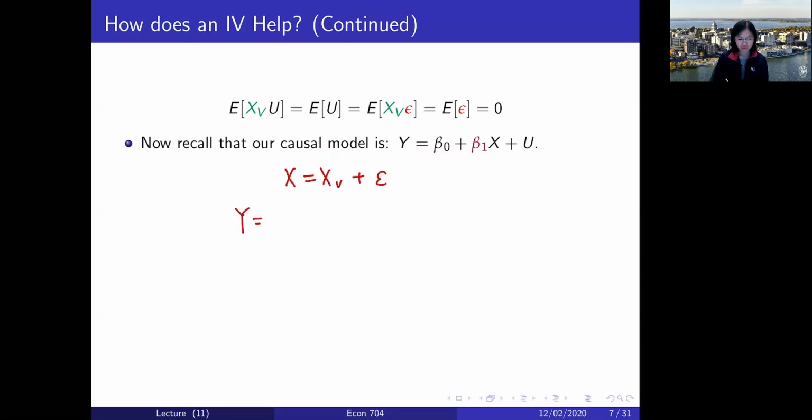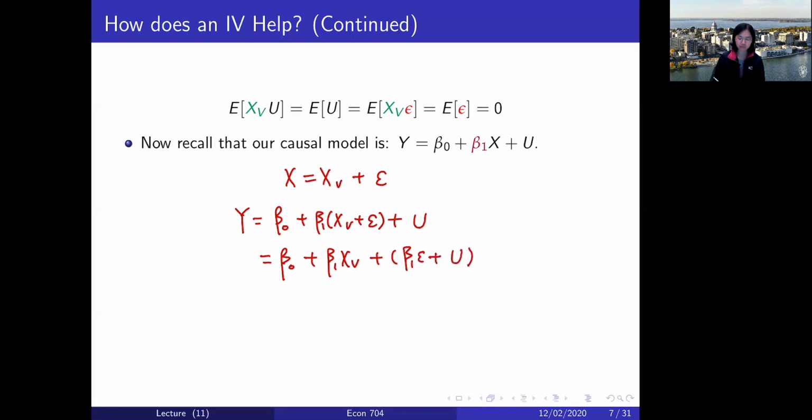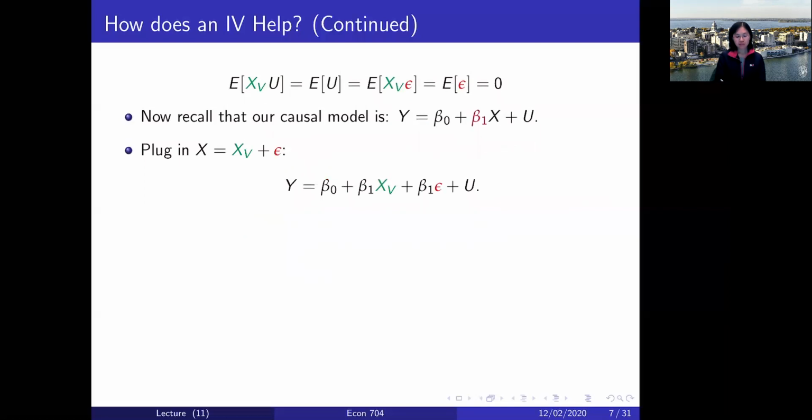So Y can be written as beta 0 plus beta 1 XV plus epsilon plus U. Okay, so if we do more algebra, that becomes beta 0 plus beta 1 XV plus beta 1 epsilon plus U. So this is exactly what we got. We plugged in X equals XV plus epsilon here, and we obtain this.